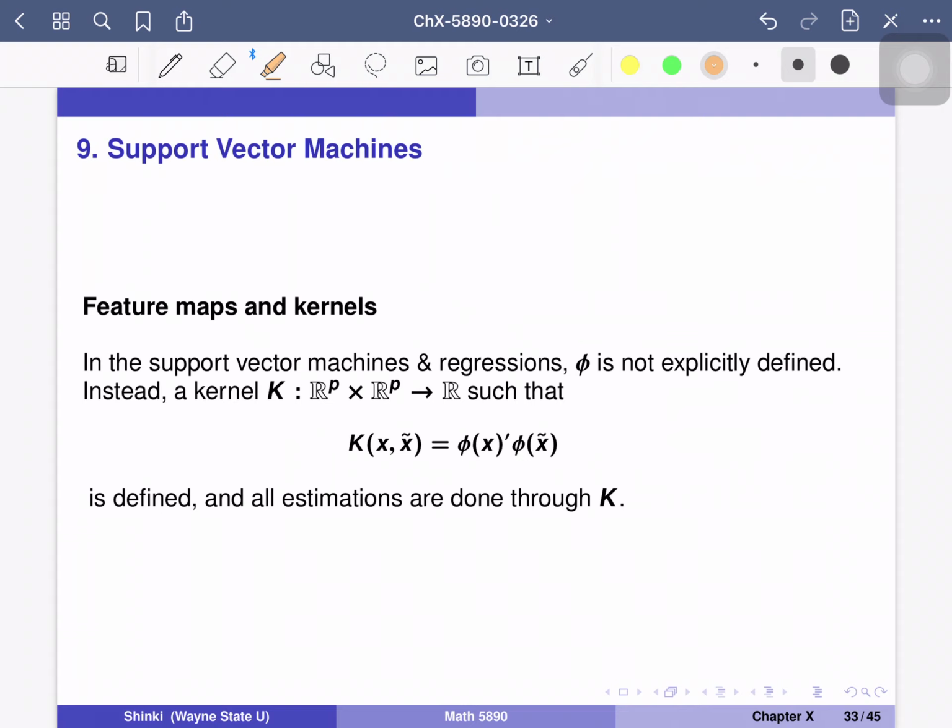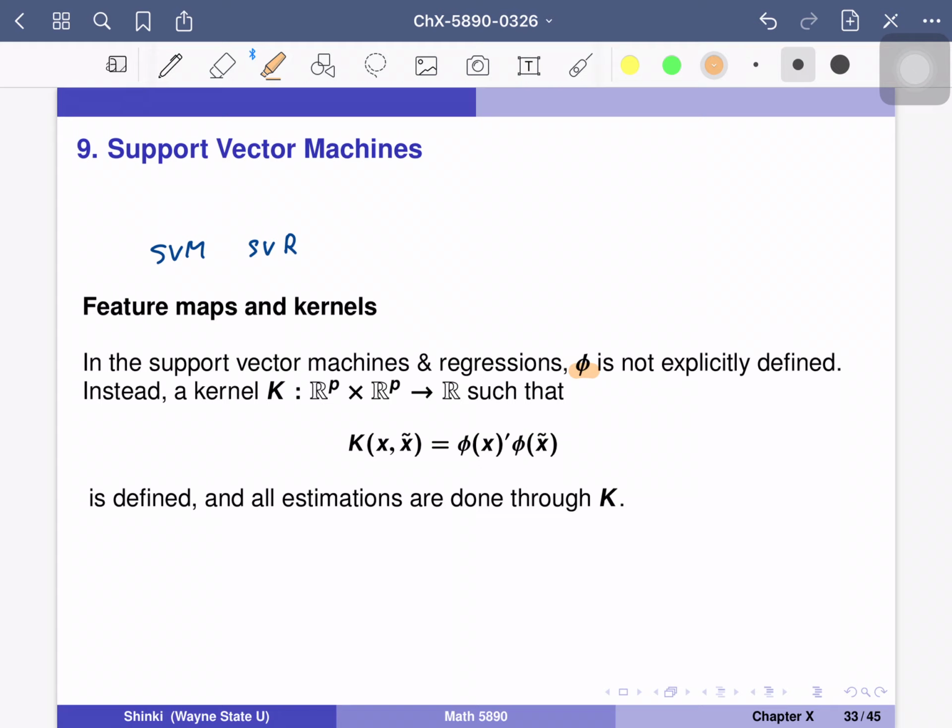Okay, so finally we have just one remark for both support vector machine and support vector regression. That is about feature maps and kernels. In support vector machine or support vector regression, we have thought about phi. But actually, phi is not explicitly defined in practice.